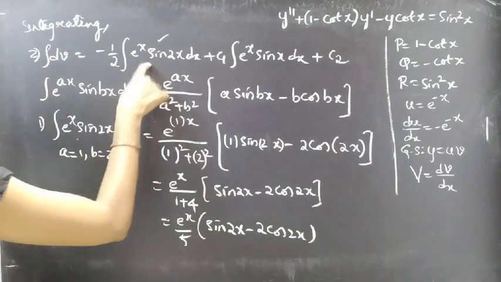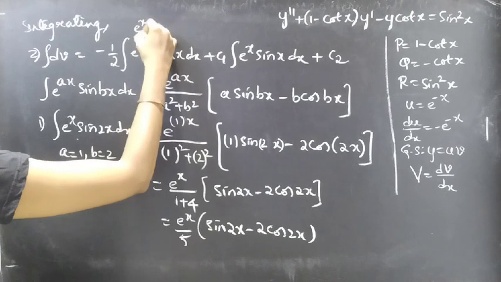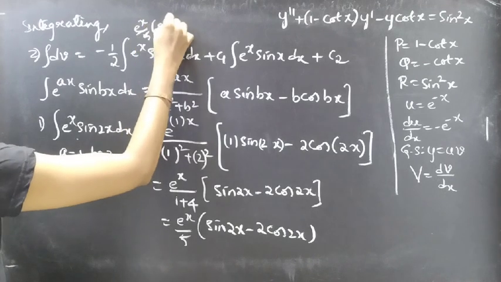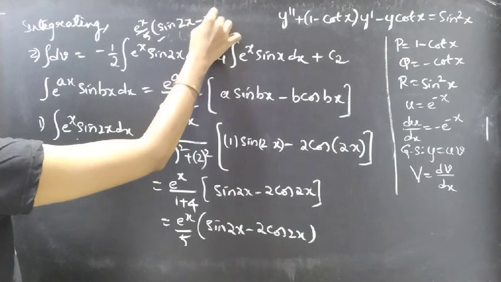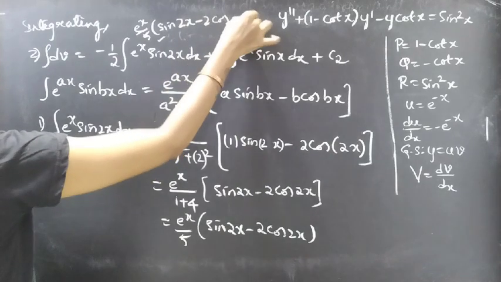So for this we got e power x by 5 into sin 2x minus 2 cos 2x.